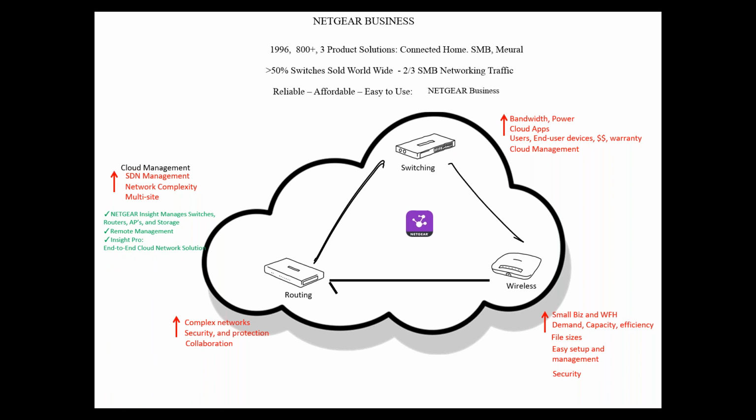It simply provides an end-to-end cloud network management solution for small to medium business wired and wireless solutions. It comes with a 1-year Insight premium on all hardware devices. So if you have a switch or an access point or router that is capable of having Insight, it comes with a year free for you to try out, test out, and see what you think.